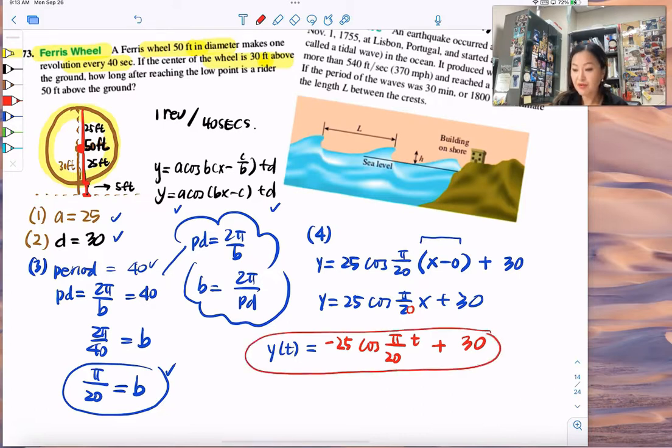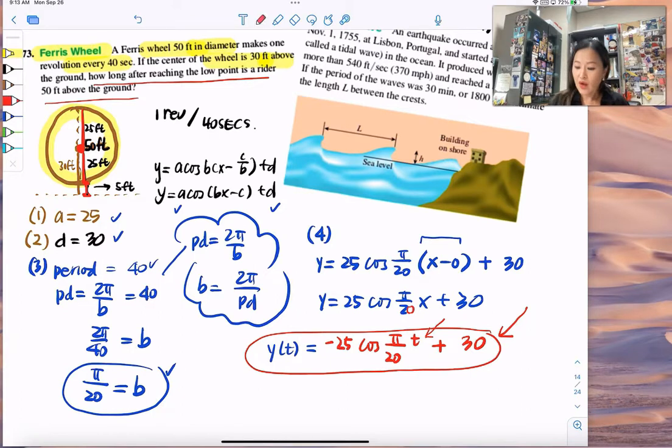But of course, when you're plugging into your calculator, you want to make sure that this t is x in your calculator. Now we're going to ask you this. How long after reaching the low point is a rider 50 feet above the ground? Think about that. Which part, y of t or t, tells you 50 feet above the ground? That's positive 50.